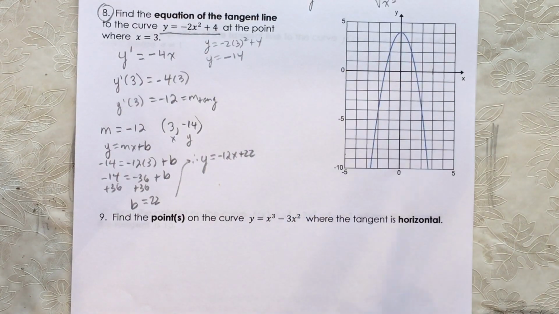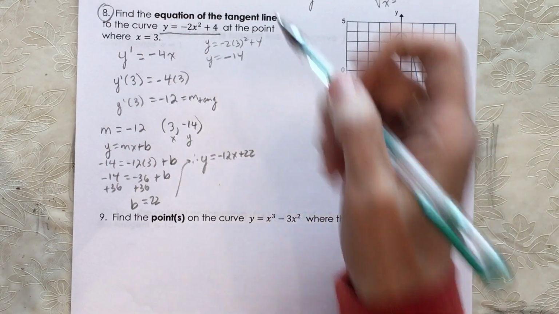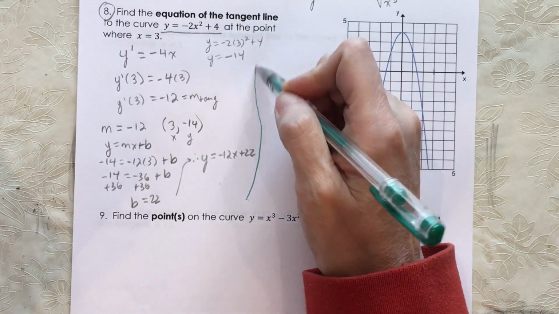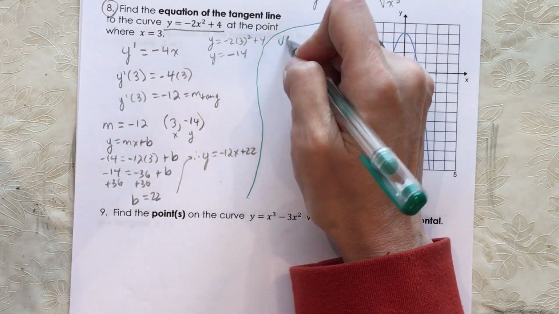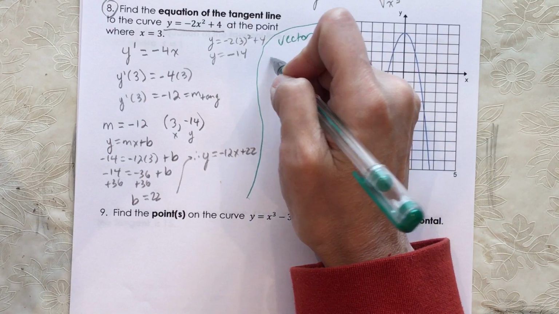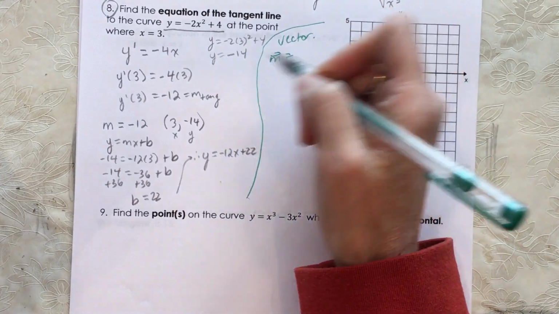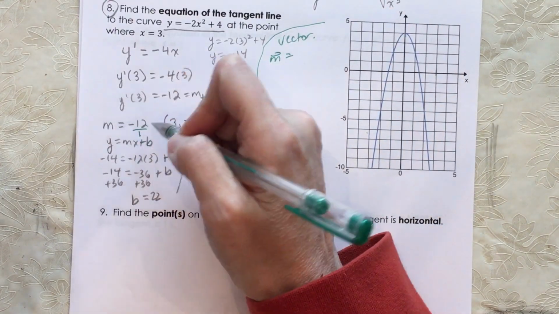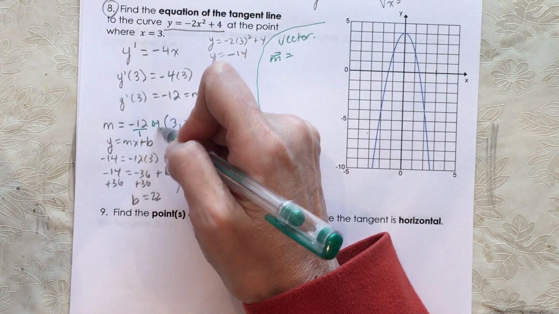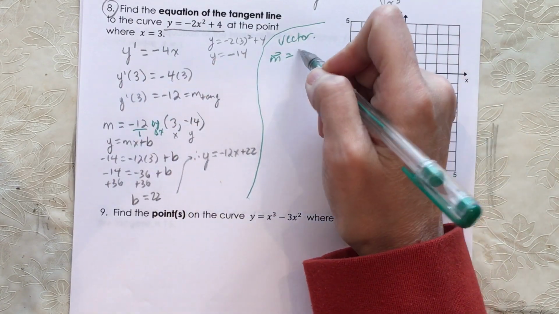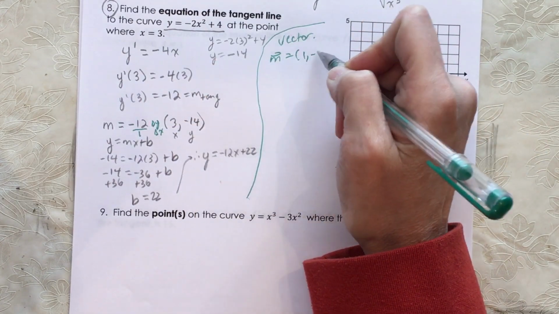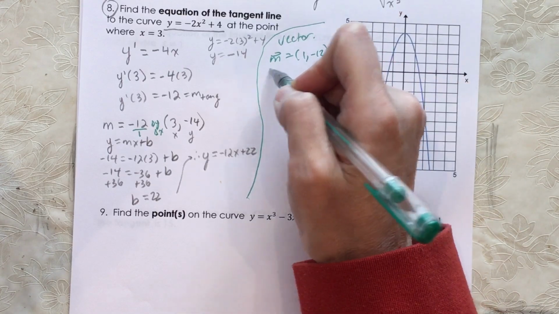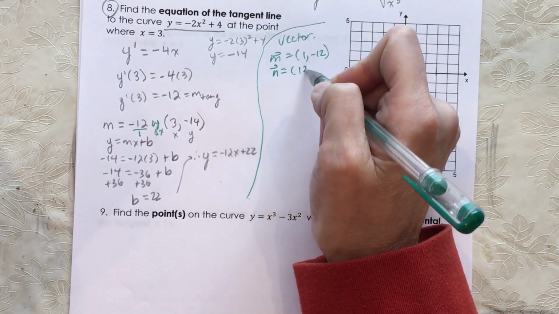Now let's see if we can get that using the vector method here. So that would be our direction vector gotten from the slope, so change in y over change in x. So our direction vector would be 1, negative 12, which means our normal would be 12, 1.